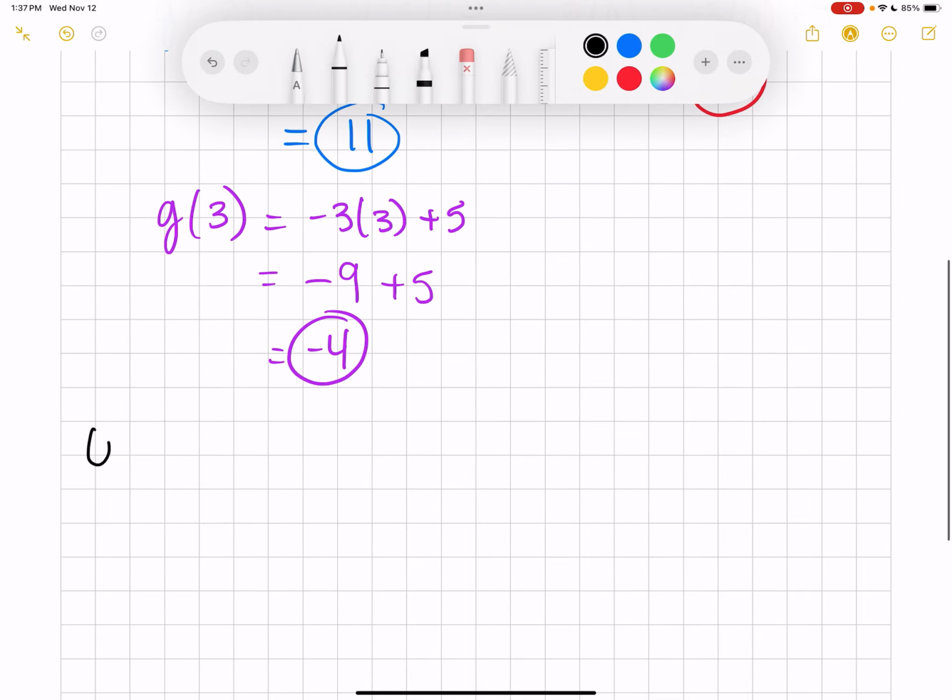Six. Same numbers, -2, 0, and 3, but we've got h of x this time, no different than g of x or f of x, just a different letter, equal to 2.25 times x.